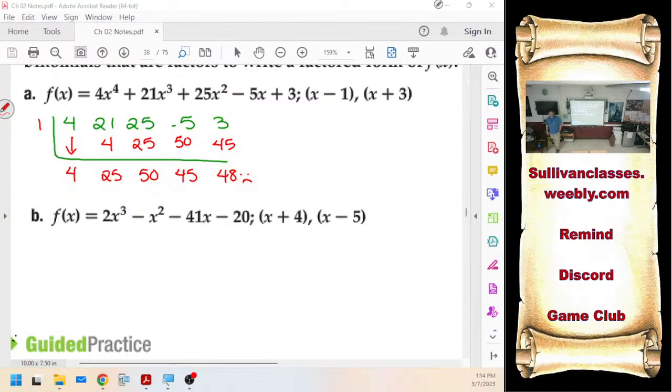I did not get 0 as a remainder. Multiplying by 1. So that means, just like if I were to take 30 and divide it by 4, I would end up with a remainder, right? So that means 4 is not a factor of 30. Same thing here. I now know this is not a factor. So we'll test the other one.